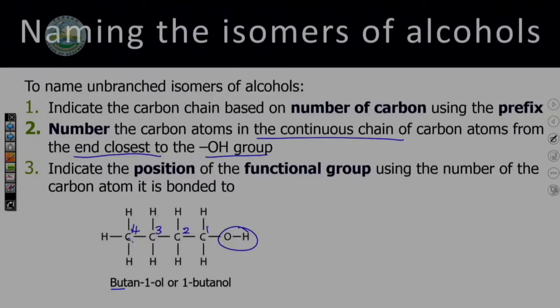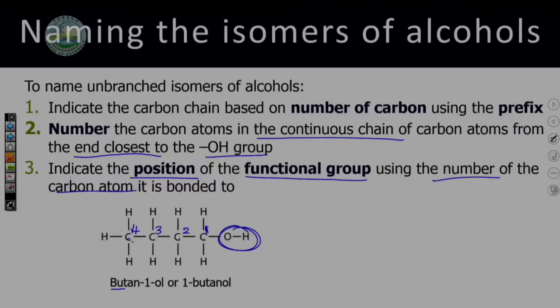There's a reason why we did this. Now next we said indicate the position of the functional group using the number of the carbon atom it's bonded to. What carbon atom is this OH group bonded to? It's bonded to the first carbon.